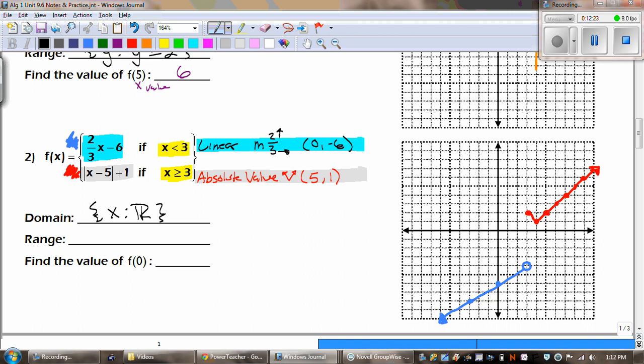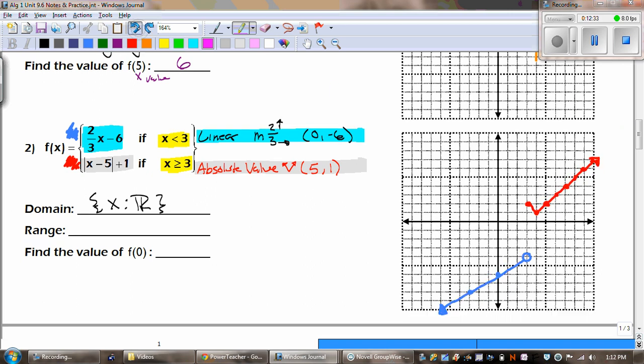What about the y value? Well, our linear one, it's going to keep going down, and our absolute value is going to keep going up. So since there are no limits, our y value for the range is also all real numbers. Okay?